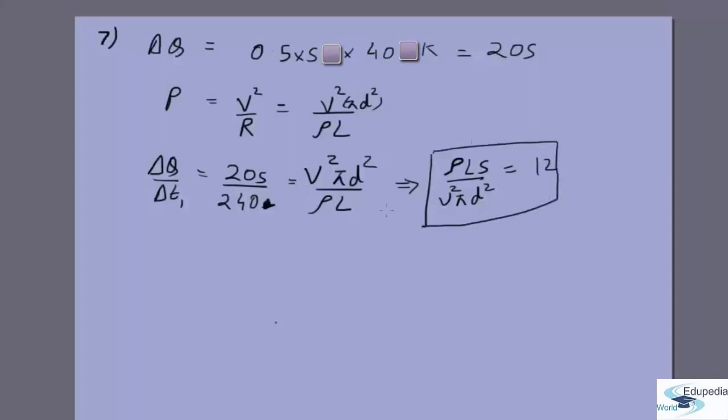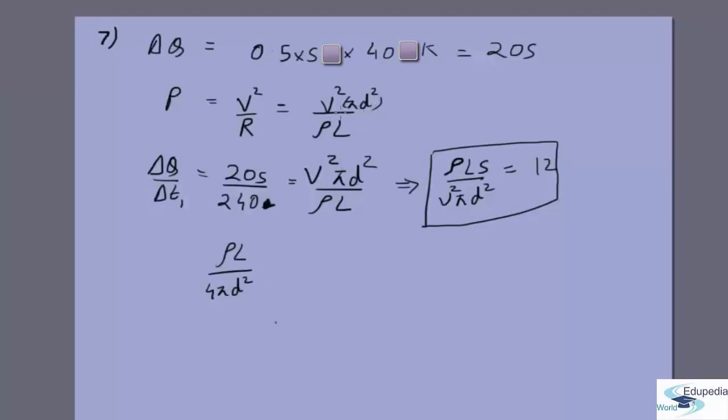Now in the next two cases, here the resistance was rho L by pi d squared. In the next two cases, the resistance will be different. So we have two wires, each having length L and diameter 2D. So the resistance of each of the two wires will be rho L by 4 pi d squared. Actually, you know what? D is the diameter, not the radius. So this should be pi d squared by 4, which is the area, right?